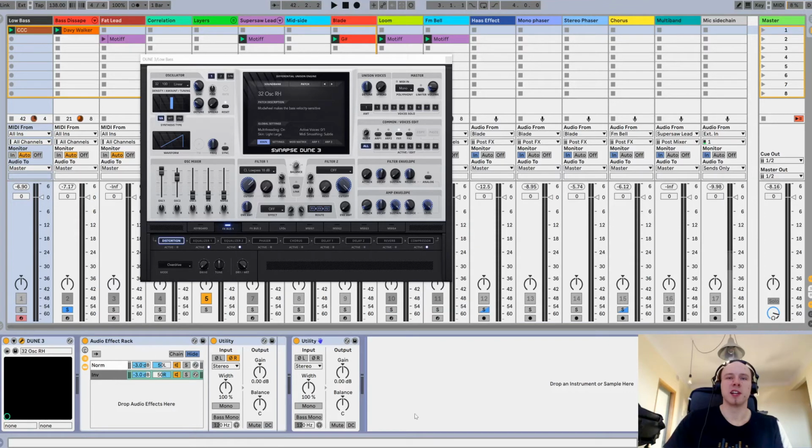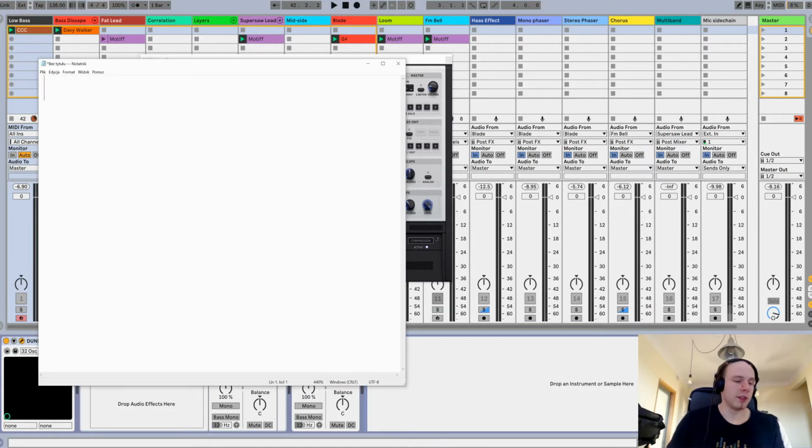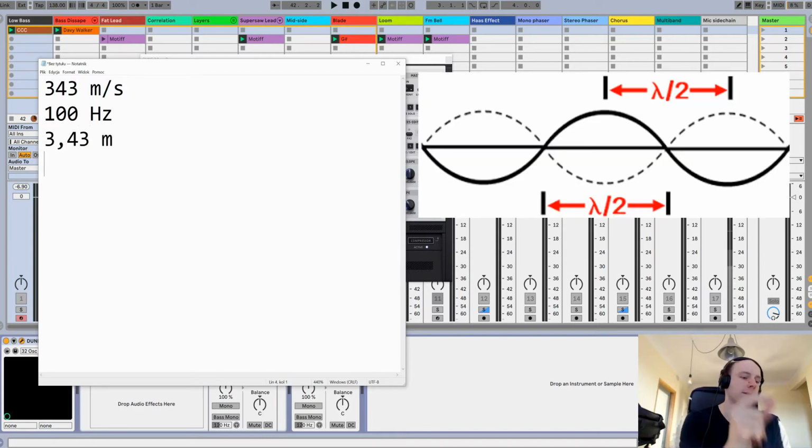Let me explain, it's just basic physics. The sound travels at 343 meters per second, so at 100 Hz the wavelength is 3 meters and 43 centimeters, and the half of such a wave would be 1 meter and 71 centimeters. Now we can try to take a 100 Hz wave and play it in one ear, then invert the phase and play it in the other ear.